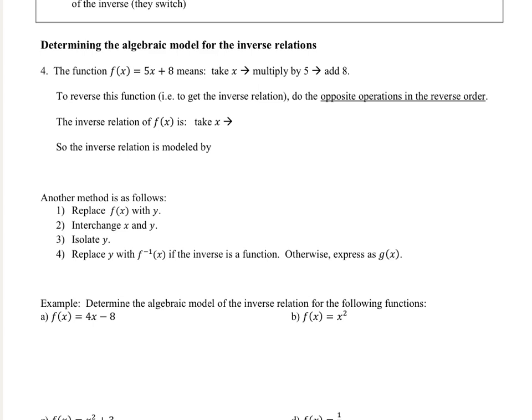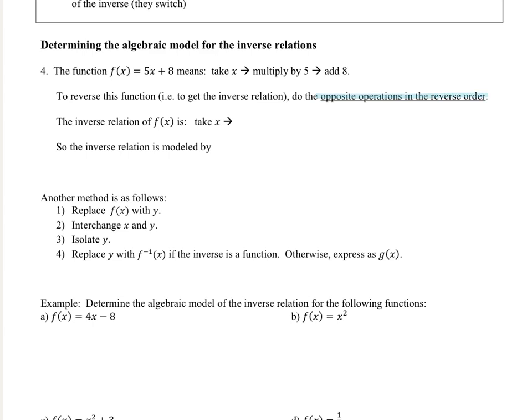So for finding the algebraic model for the inverse relation, we have to understand what inverse really means. Algebraically, inverse actually means to do the opposite operation in backwards order.